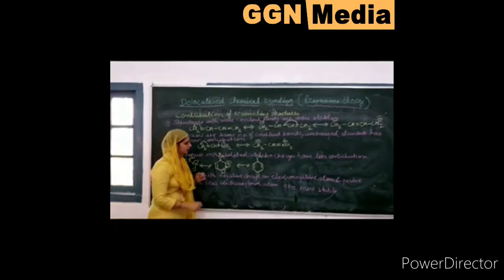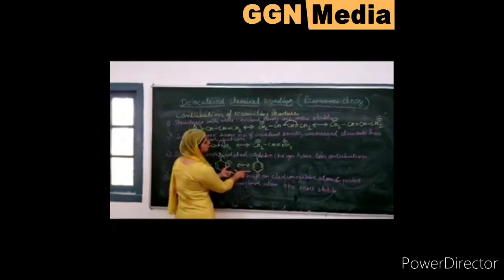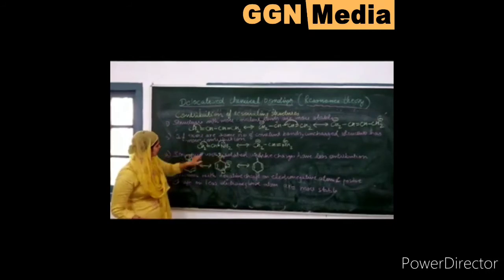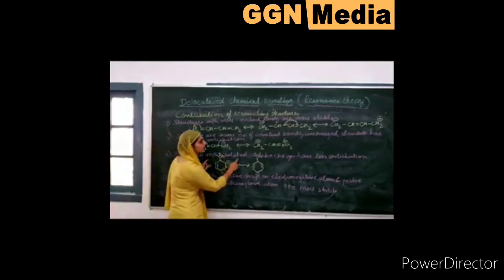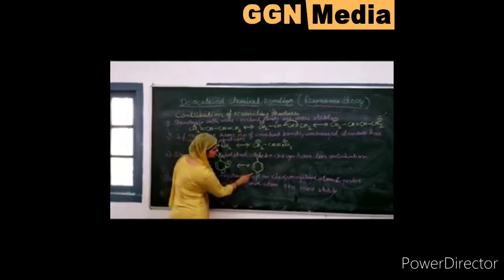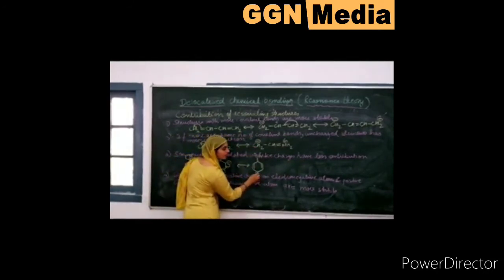Now if we have to find out the stability between these two structures, then we will stick to this rule. The structures with isolated unlike charges have less contribution. That is, this structure where the negative charge is on the para position. Here the charges are more separated, more isolated. So this has less contribution, or we can say least contribution towards the resonance hybrid.